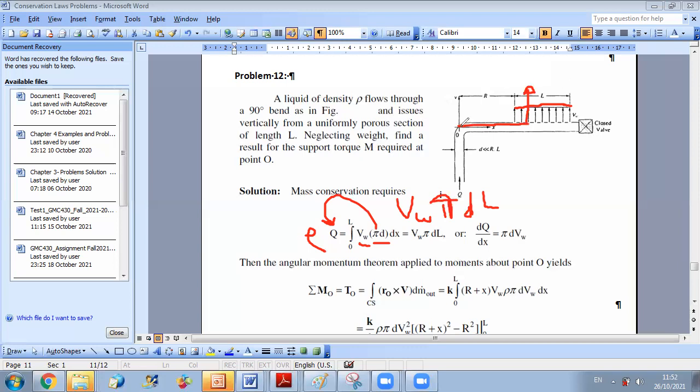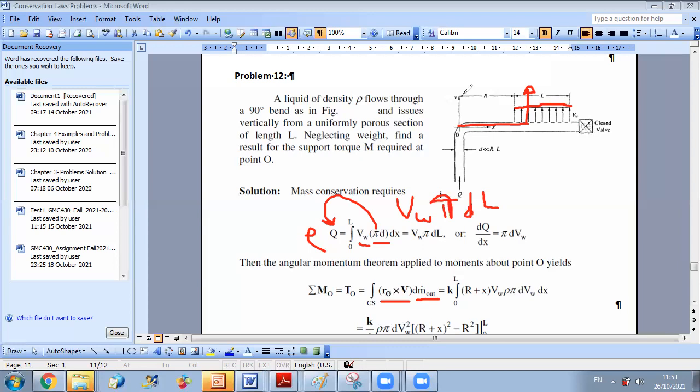So when I want to perform my calculation, I should do an integral procedure. I will apply the formula that the rate of angular momentum at the control surface is the integral over the control surface of r vectorial v times dm dot, the elementary mass flow rate.